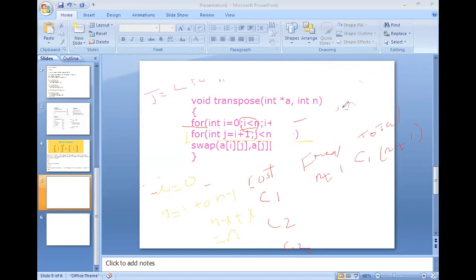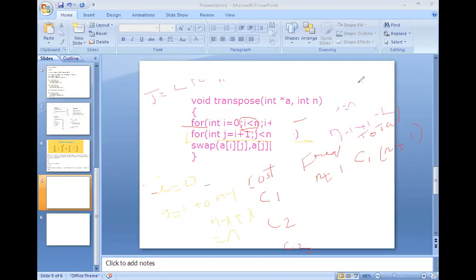When i equals 1, it repeats n minus 1 plus 1, that equals n, and then we repeat until 1.